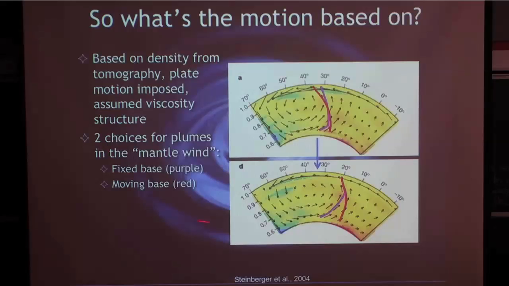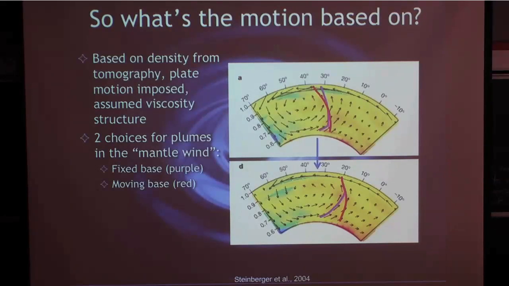Viscosity and density, and then this option here, those are your big options. And I don't know how much different it's going to be. This is a global model, and in the end what happens in these models is that the main amount of motion comes from upwellings where the LLSVPs are effectively, and downwellings around them. So most large-scale models are going to produce a similar sort of structure probably.